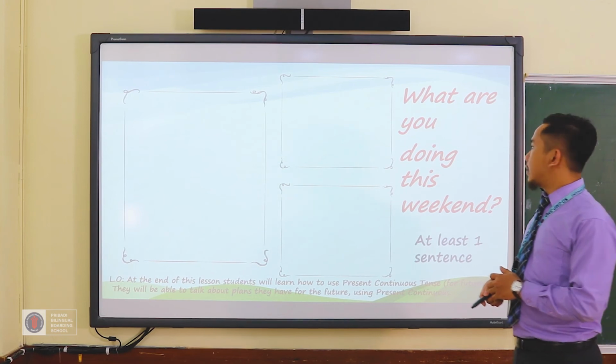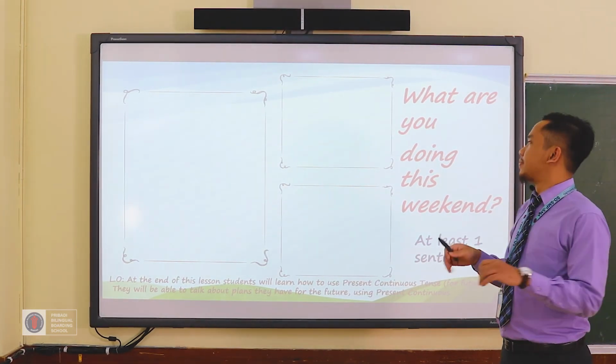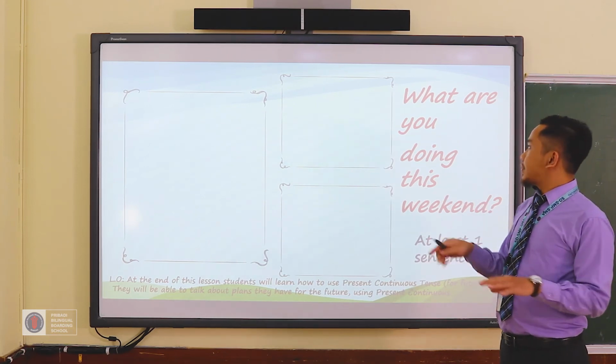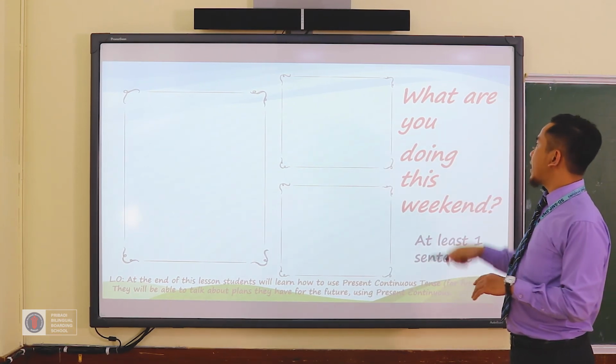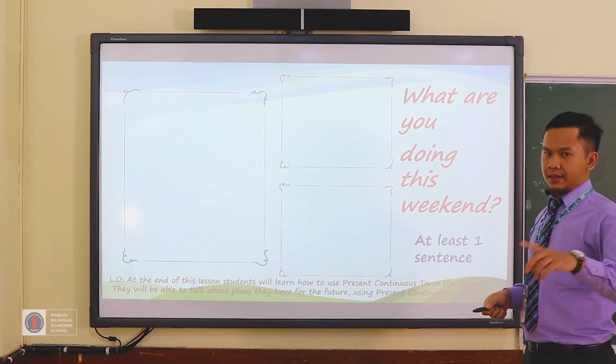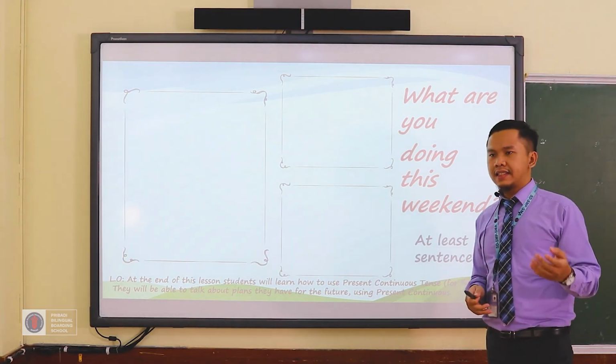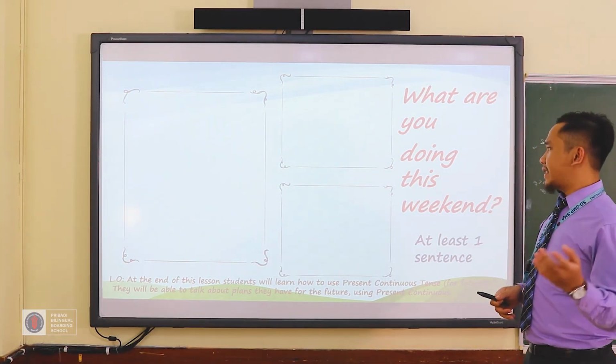Okay, now this is your turn. On the comment section below this video, what you have to do is please write, what are you doing this weekend? Okay, at least 1 sentence. Later I will check who has written the sentence and who hasn't written.